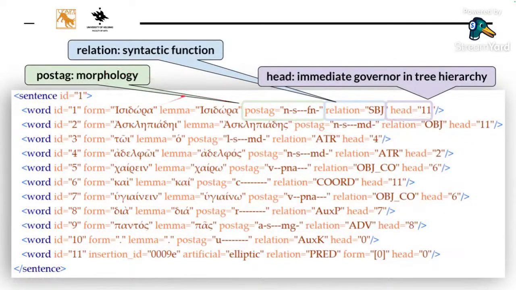So the form and the lemma are sort of self-explanatory, but this little attribute here is one that bears great importance because it tells us everything we need to know about the word's morphology. We get the part of speech, then depending on what the word is and which categories apply to it, we can have mood or tense or the word's number, gender, and so forth.